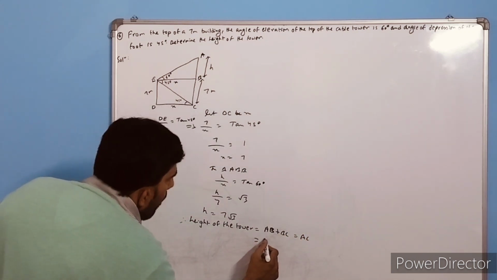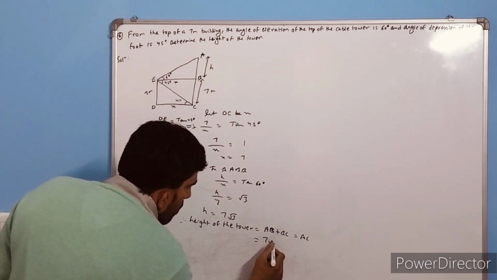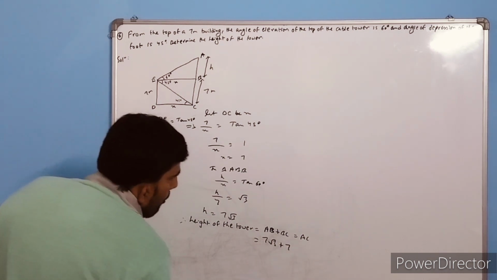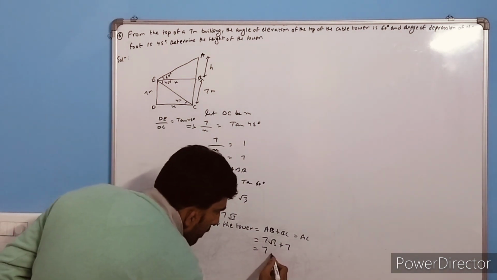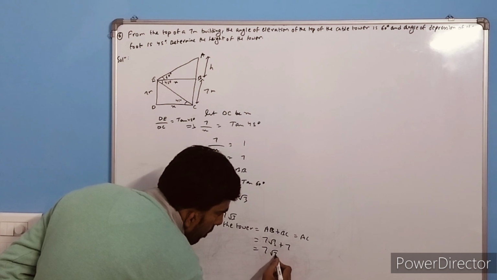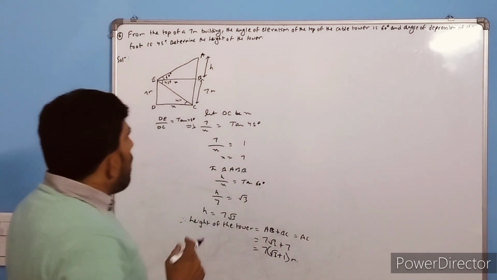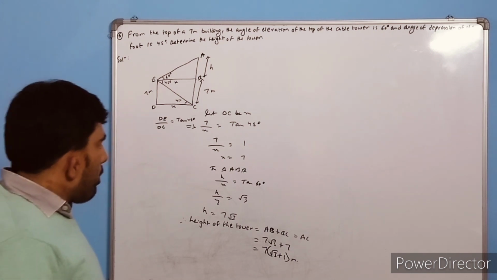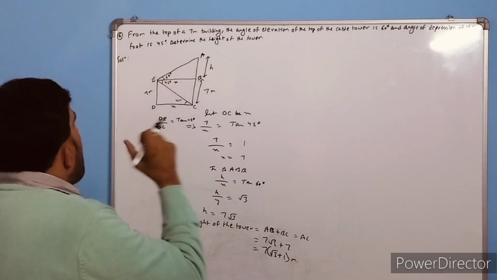So what is AB I have found? AB I have found just 7 root 3 plus 7. Okay. Now consider 7 taking common, we got 7 into root 3 plus 1. So that is, I am able to find the total height of the tower.